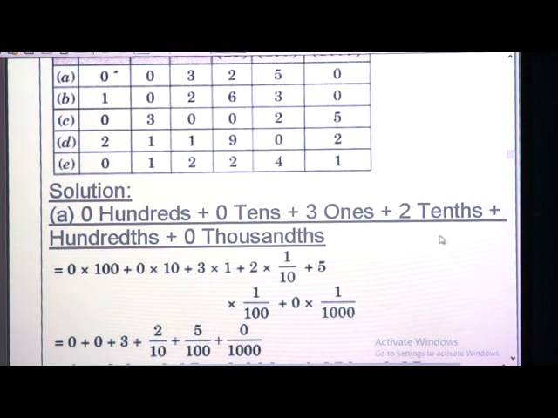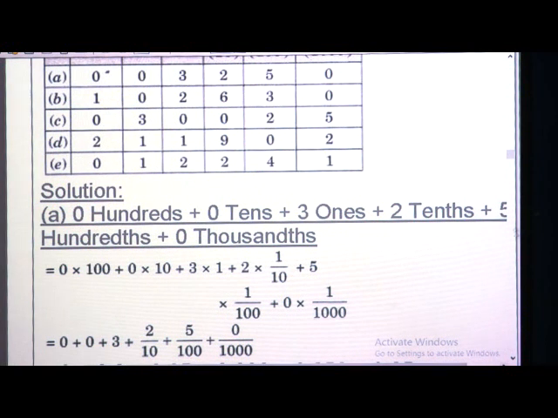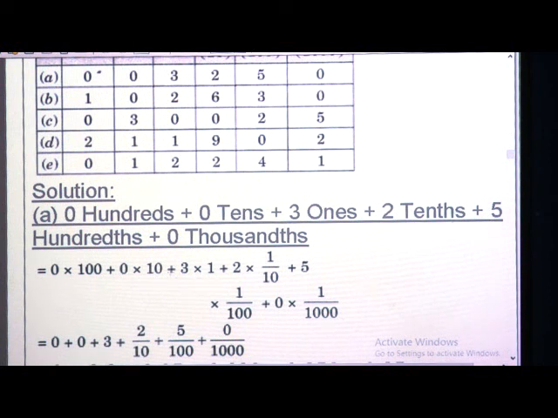2 tenths, so 2 by 10, and here we have 5 hundredths, so 5 upon 100, plus 0 thousandths means 0 upon 1000.